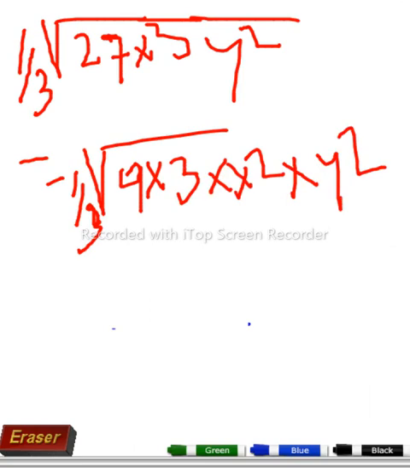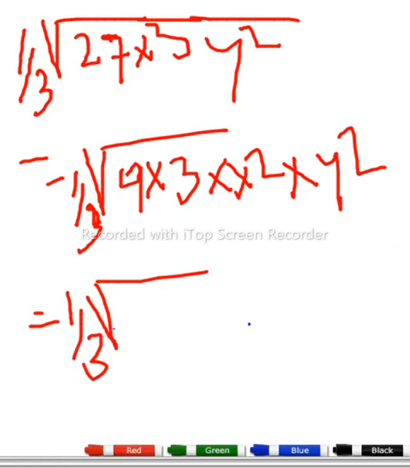As we know, 9 means 3 to the power of 2, so it can come out as a perfect square.